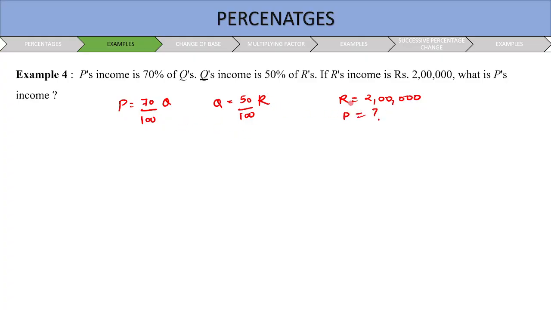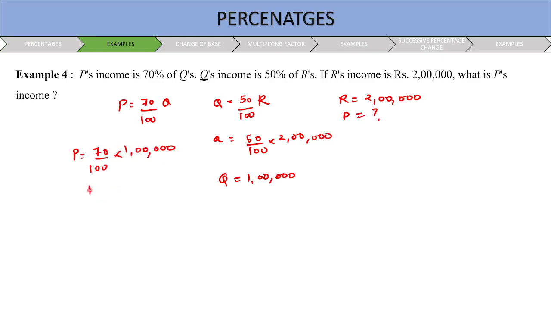So if we have been provided with R's income, we can calculate Q, which is 50 percentage of 2 lakh, which is nothing but 1 lakh. Now, if Q is 1 lakh, you can calculate P, which is 70 by 100 into 1 lakh. So P equals 70,000 rupees. So the income of P is 70,000.